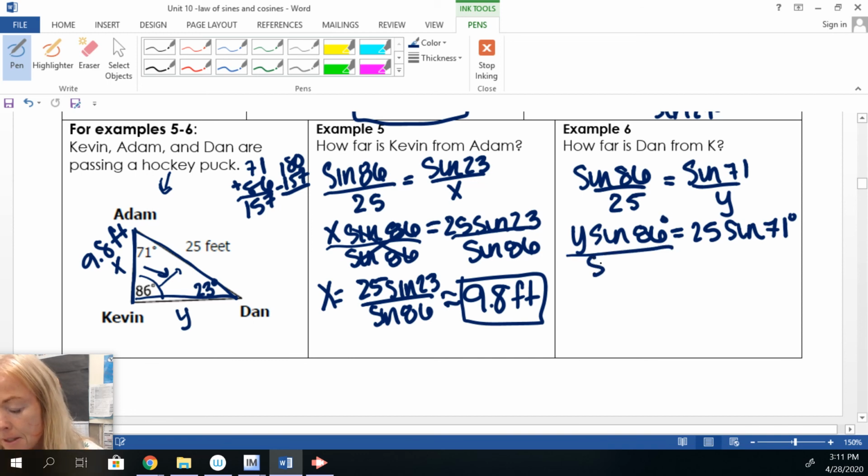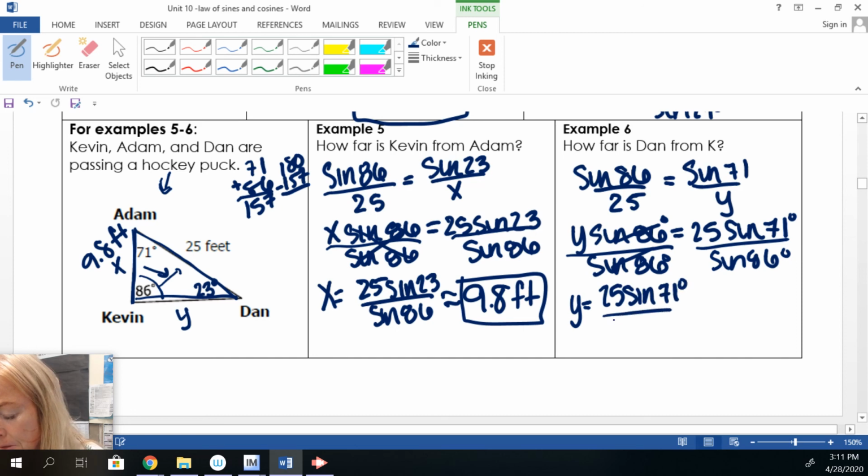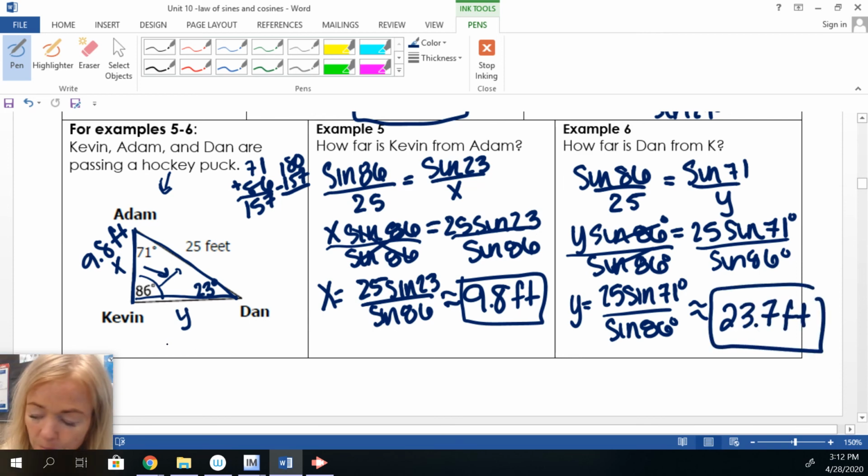Divide by sine of 86, which divides away, and we have y is 25 sine 71 degrees over sine of 86. I only have to change the 71 degrees this time because I already have 25 sine and sine 86 from before. So it's approximately 23.7 feet.